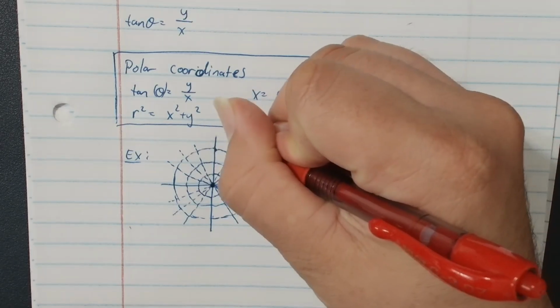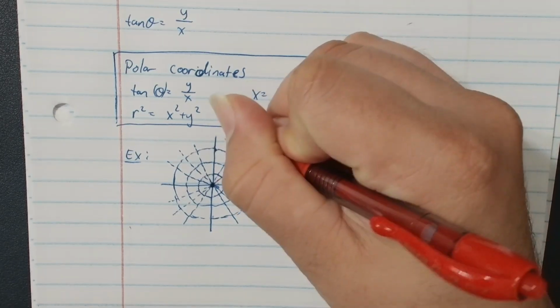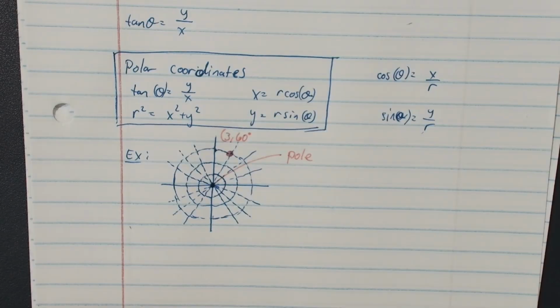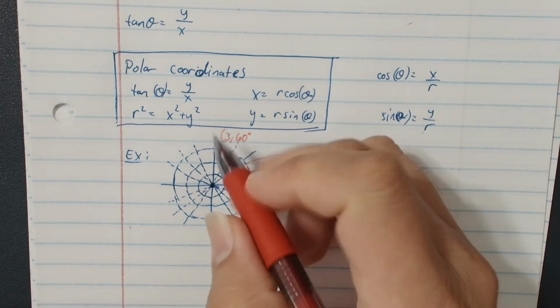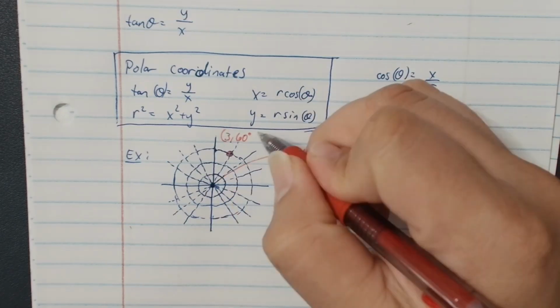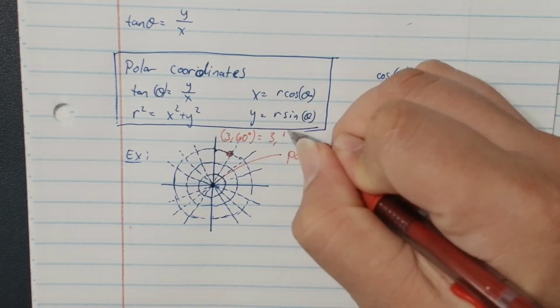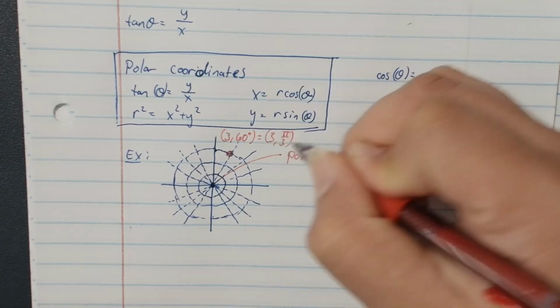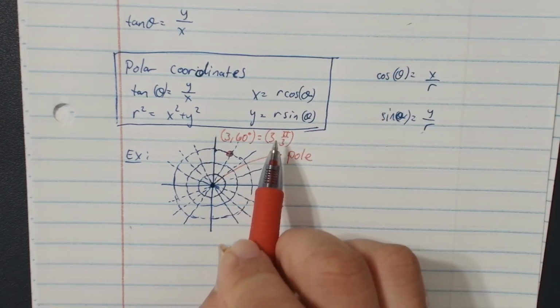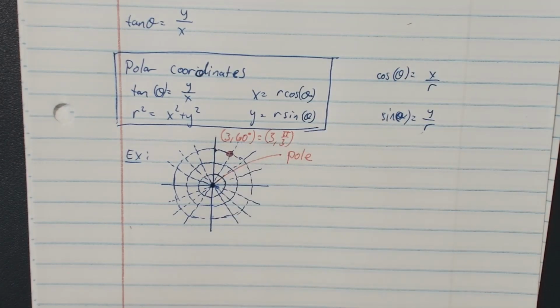So right here, this would be 3, 60 degrees. Just like in rectangular coordinates, we do x and then y. In polar coordinates, we always do r first and then theta. And of course, here you can also write this as 3, pi thirds, if you're using polar coordinates in radians rather than in degrees.